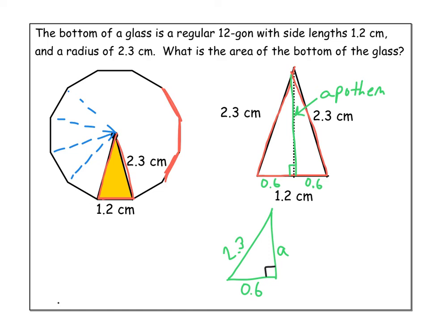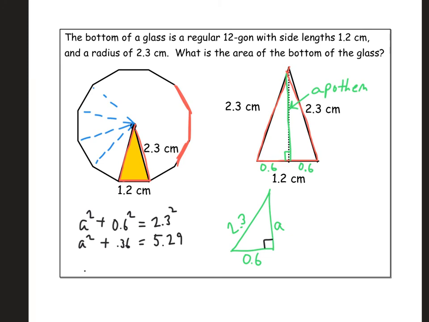A squared plus 0.6 squared must equal 2.3 squared. 0.6 squared is 0.36, and 2.3 squared is 5.29. Subtracting 0.36 from both sides, A squared equals 4.93, and taking the square root, A is approximately 2.22.